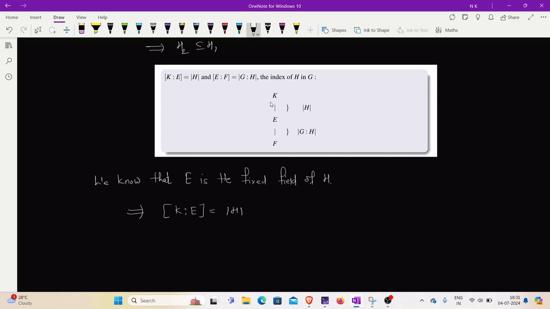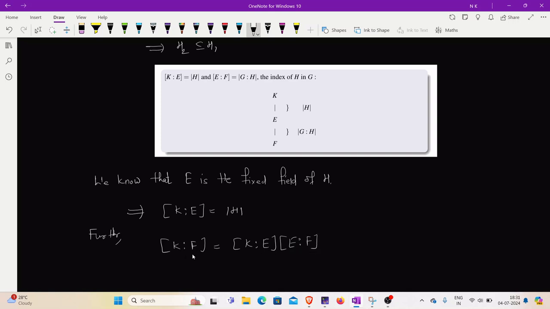But as per the extension formula, the degree of extension of K over F is actually equal to the degree of extension of K over E times the degree of extension of E over F, right?